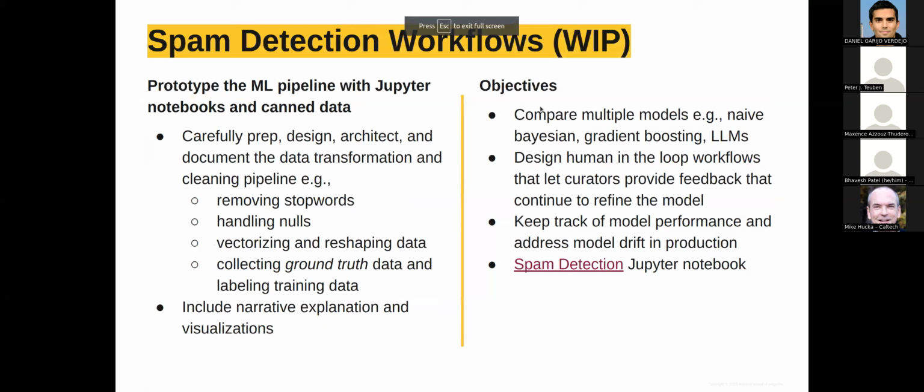For spam detection, this is still a work in progress, and it's been a bit more involved. There are multiple things that we want to evaluate for spam. There's the content, obviously, as we saw earlier.